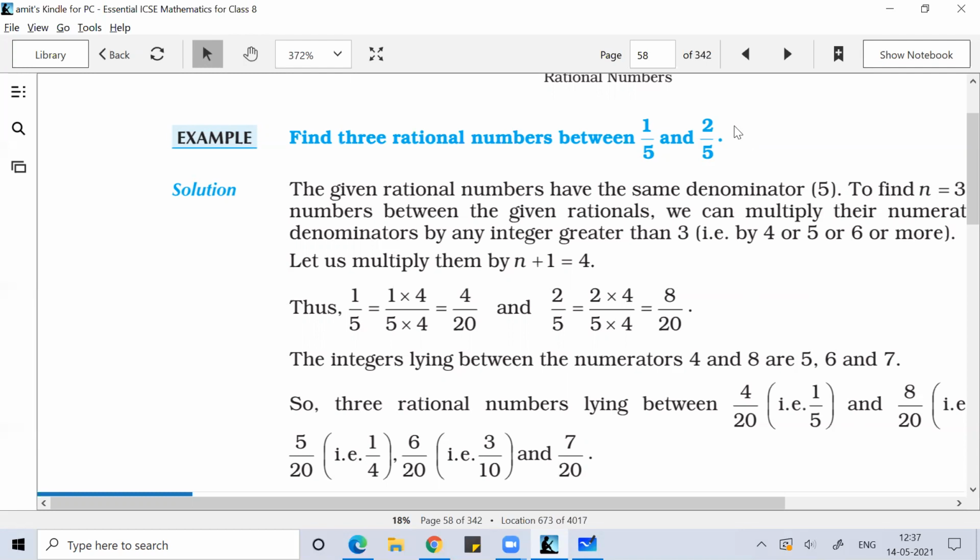Can you understand this? Yeah, sir. Or you can write it on paper. You multiply 4 with 1 by 5 and 2 by 5. You will get 4 by 20 and 8 by 20. Correct?